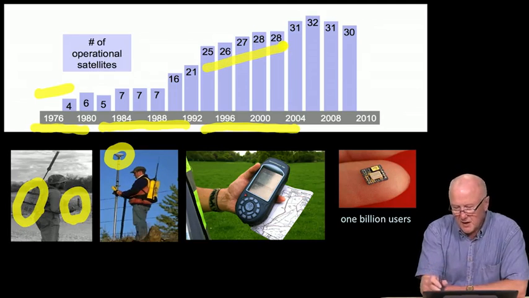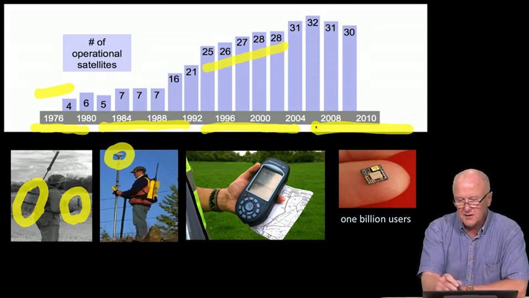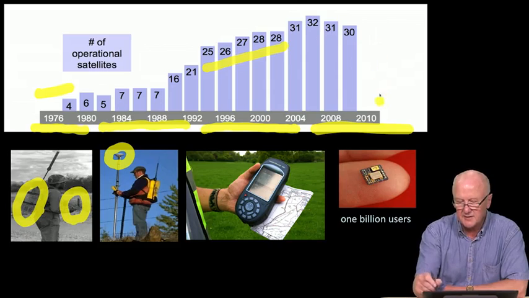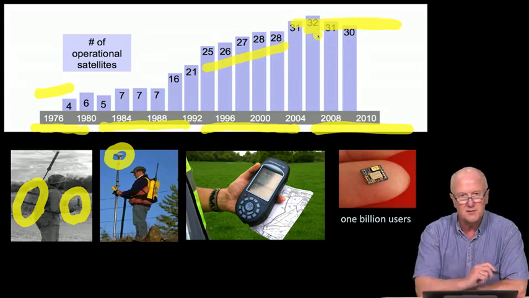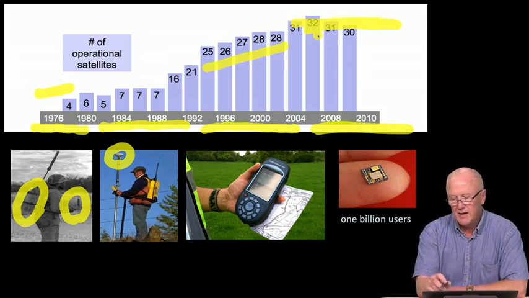As we go into the current decade, let's say this chunk right out here, the constellation has continued to be rich, and in fact, here in 2014, there are 32 satellites on orbit. So it's remained constant at around 31, 30, 32 satellites, something like that. And that's been true through the last decade.